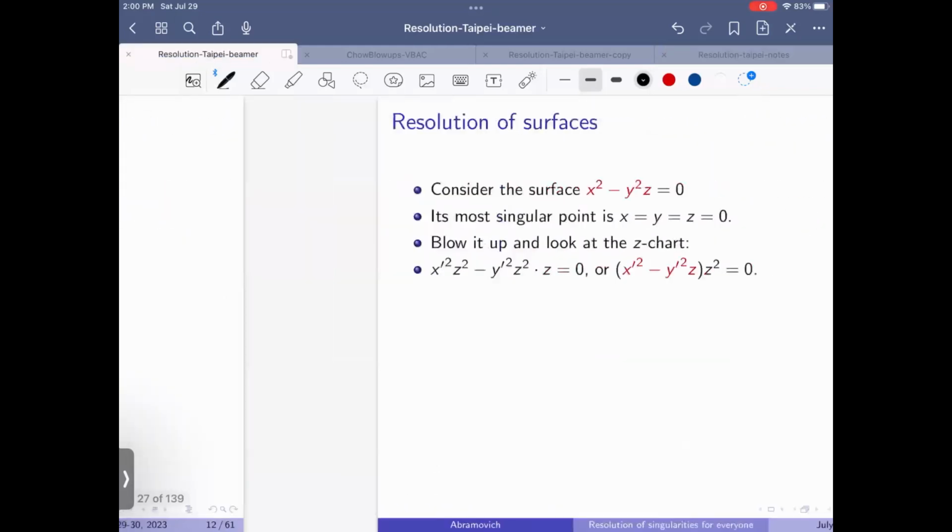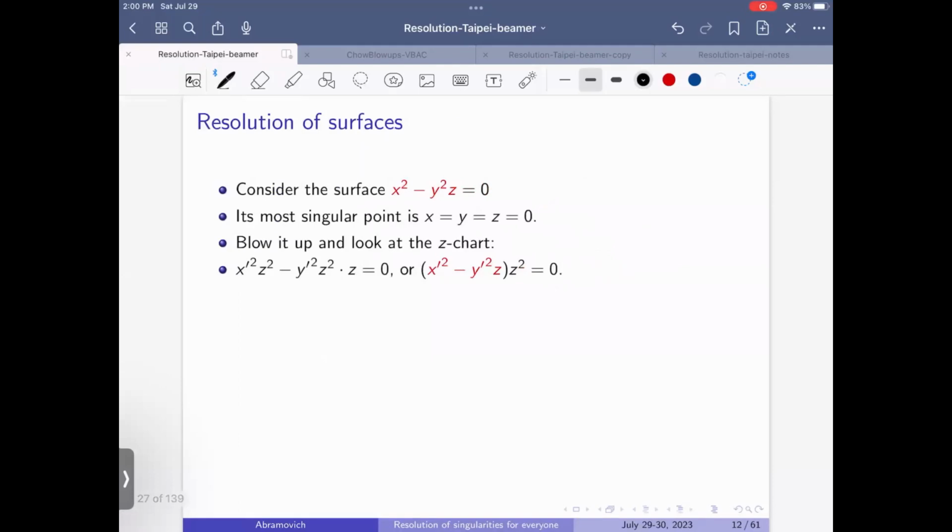So let's see what happens when we try to mimic what we do for curves. We blow up the worst singular point and immediately go to the z chart because that's the most interesting chart. So what happens in the z chart? I write my transformed variables as x prime and y prime, and x is z times x prime, y is z times y prime. So I plug in x prime z for x, y prime z for y.